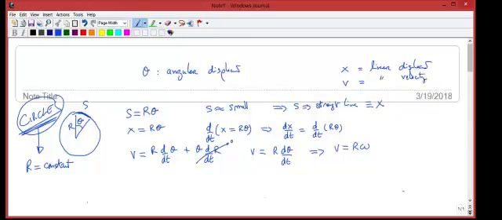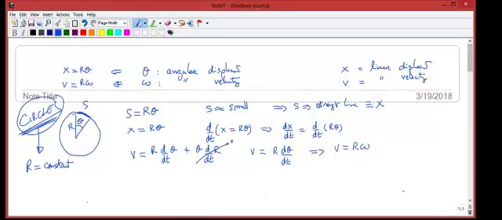And we've just seen that there is not only a relationship between linear displacement and angular displacement, x is equal to r theta, but now we just discovered a similar relationship between the linear velocity and the angular velocity. And by doing so, we have introduced a new concept, omega, which is the angular velocity, just by applying a nice, easy transformation.